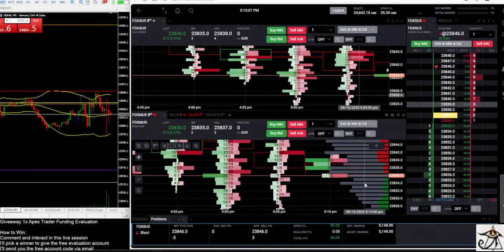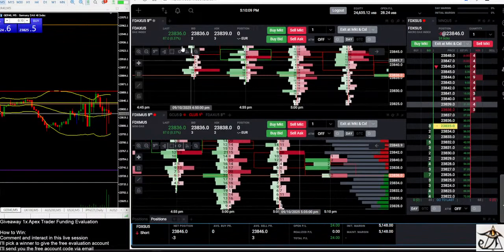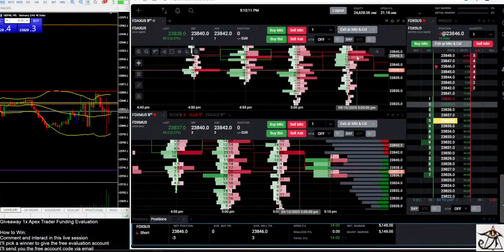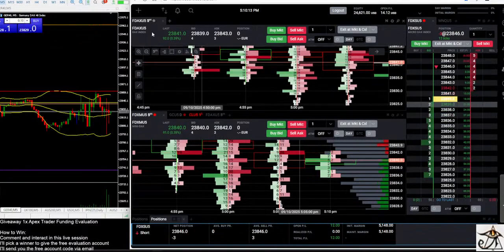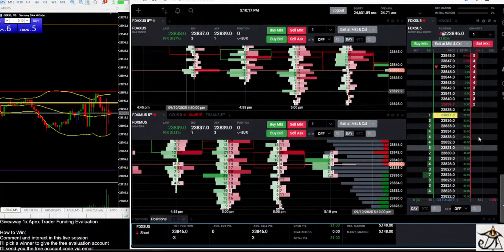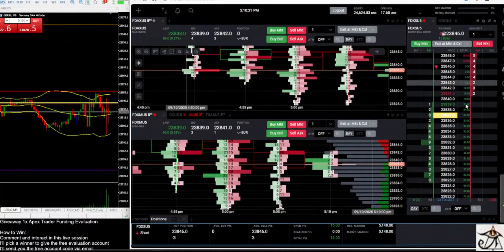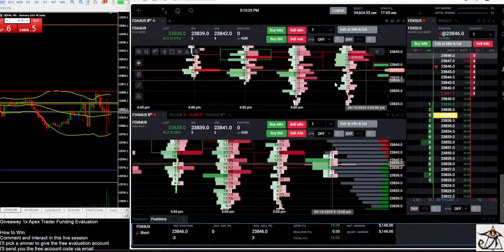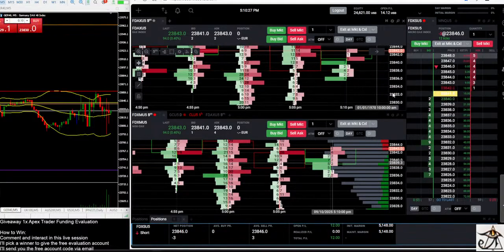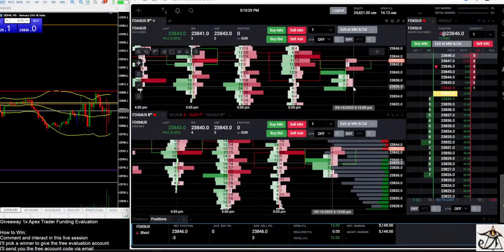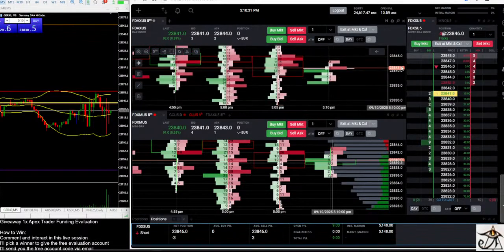For those of you who have been watching along, I did add the volume profiles or the order flow for the full DAX and then the mini DAX, and then I'm trading on the depth of market with the micro DAX. So if you're noticing some discrepancies from yesterday and between these charts, that's what I've done. The reason is so that I can see what the bigger players on the full index are doing.